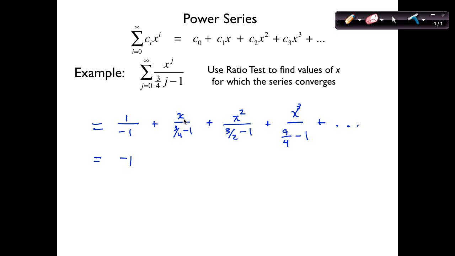Which means -4x. This is 1/2, so plus 2x squared. I think that's 5/4, so 4/5. Is that what you got?